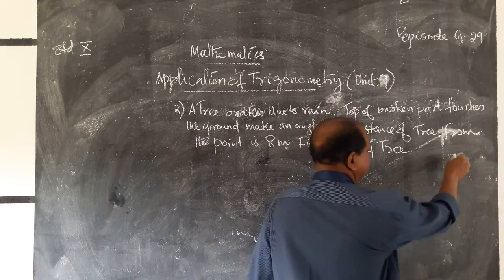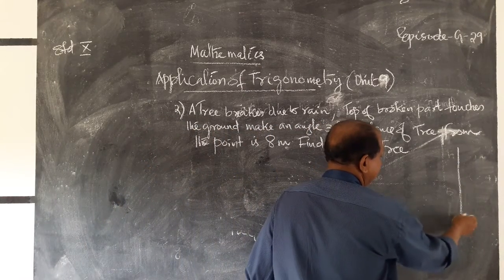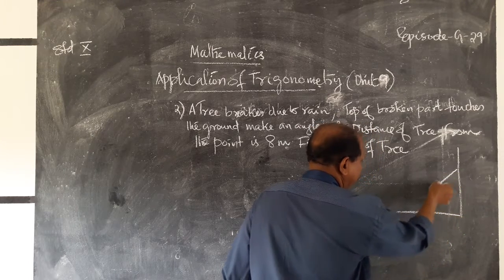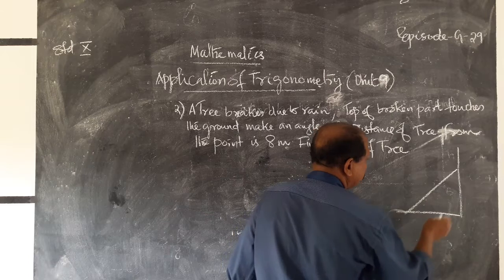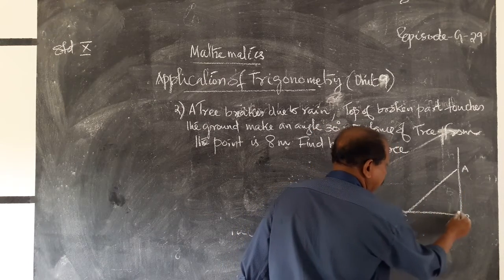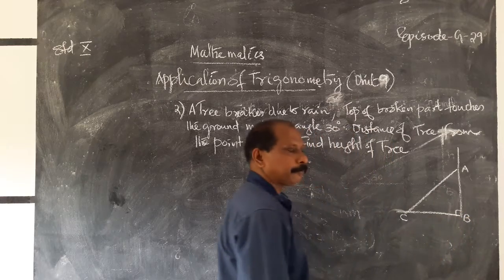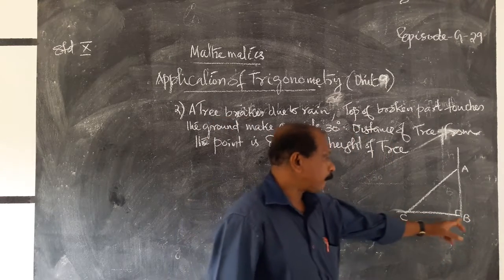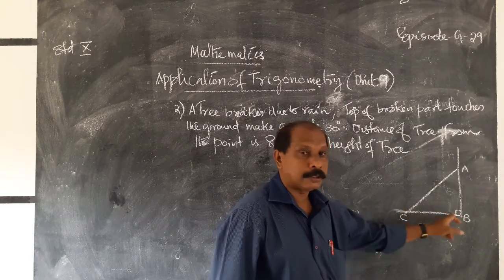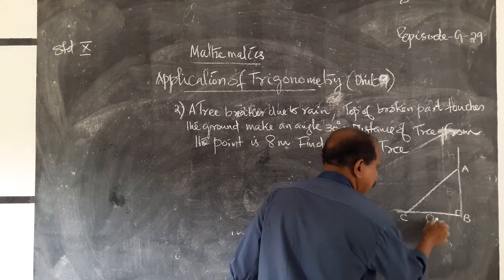That means there is a tree, but this tree is broken. Part of the tree is broken and it touches the ground. That is A, B, C. The tree is always perpendicular to the ground. The distance from the tree to where the broken part touches the ground is 8 meters.